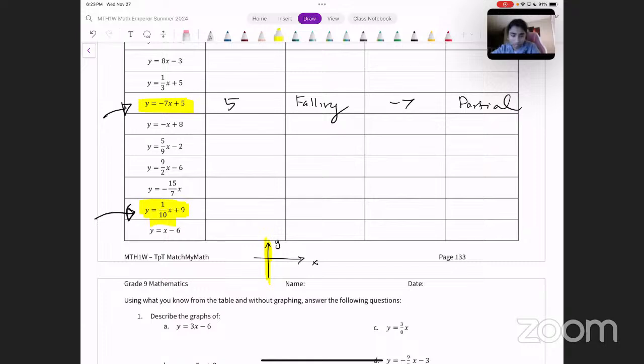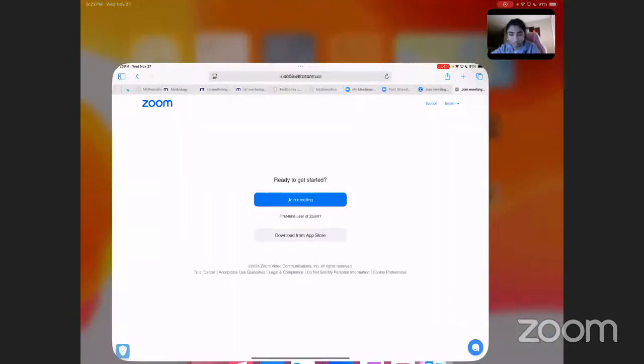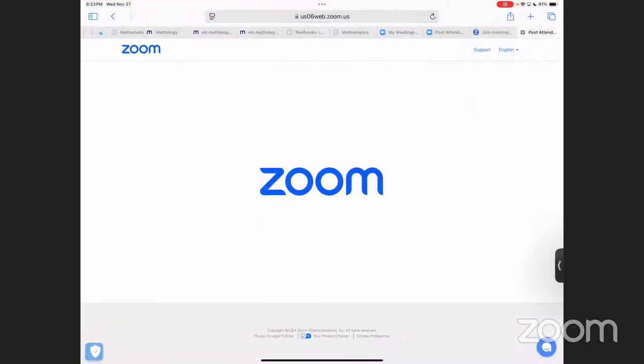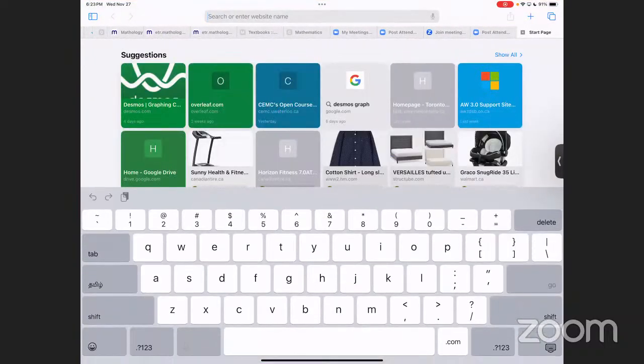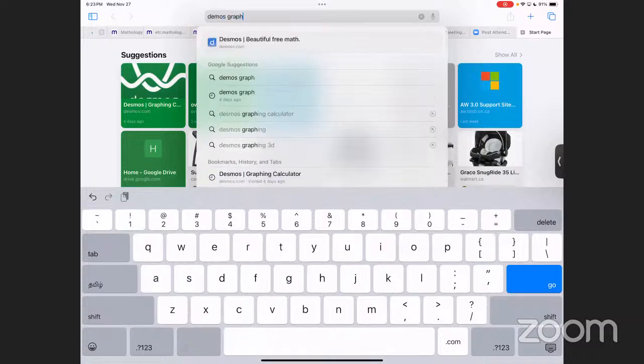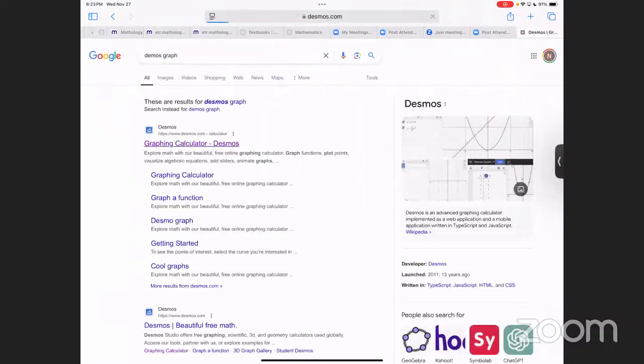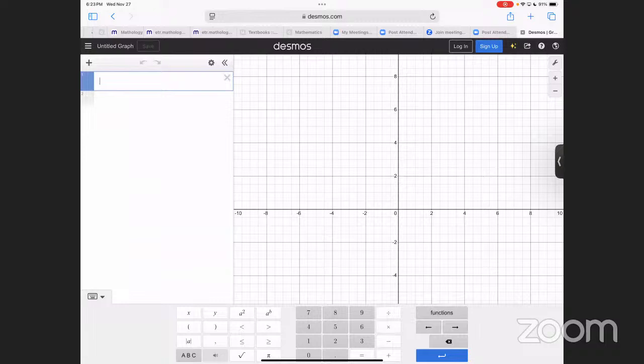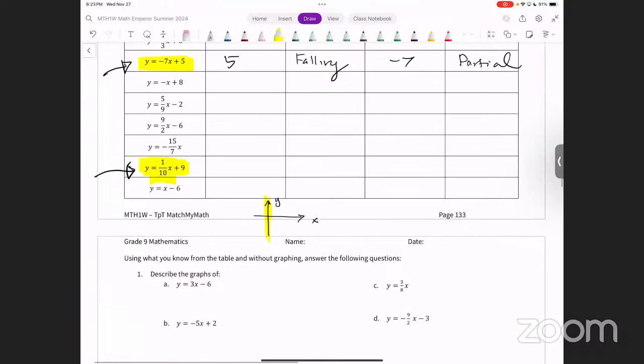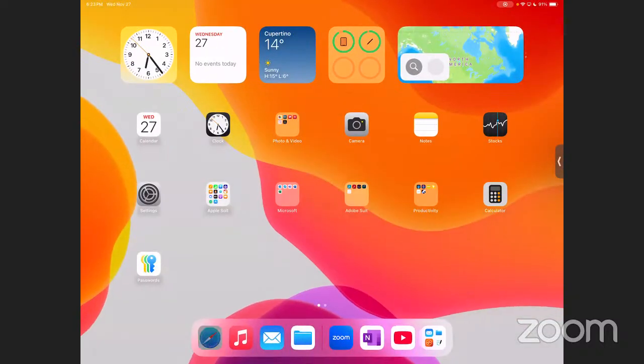One second, let me see. Let me do that in Desmos. So, Desmos graph. Y is equal to 1 divided by 10 x plus 9.